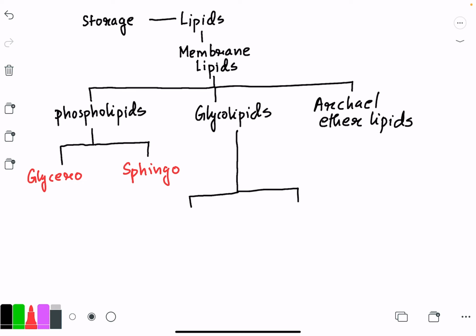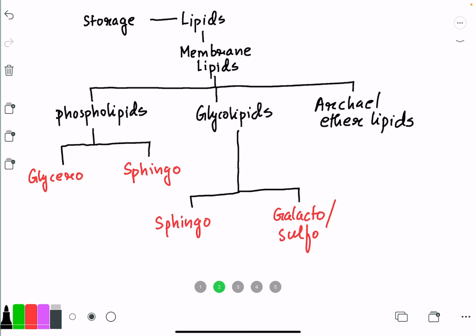One of them is again sphingolipids and another is galactolipid or sulfolipids. Archaeal ether lipids have no other type. Now let us see these individual lipids and see their structure.